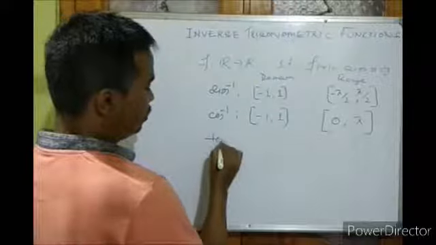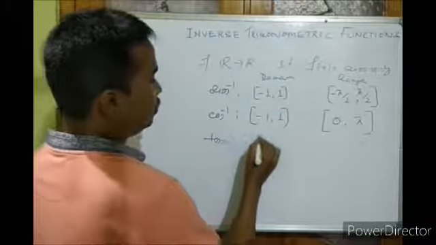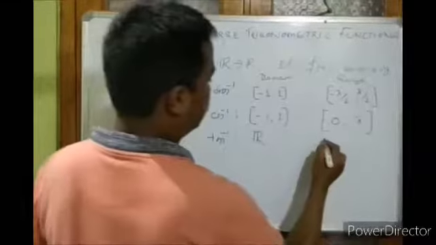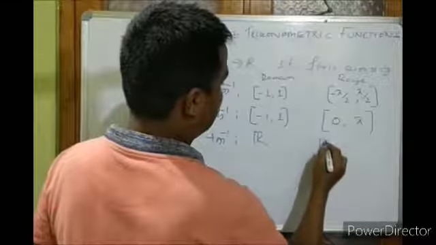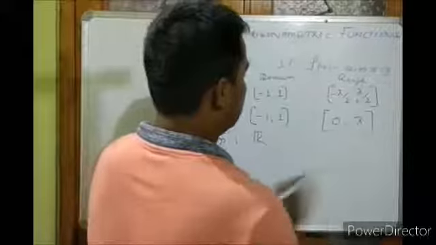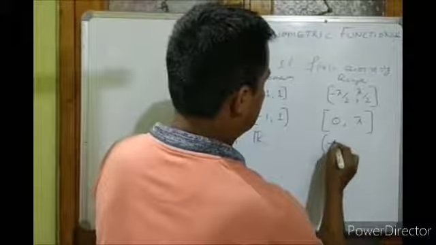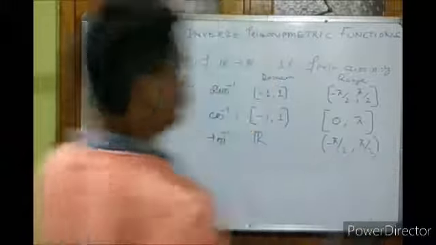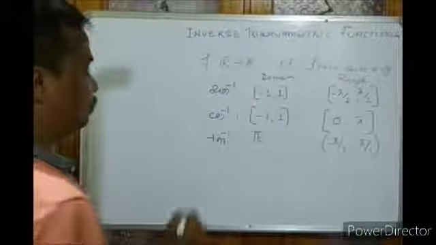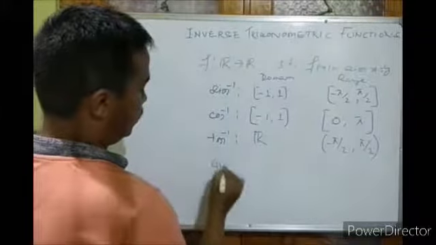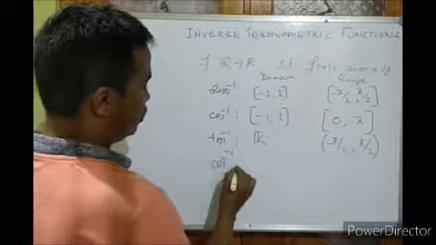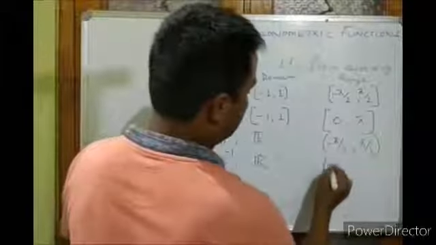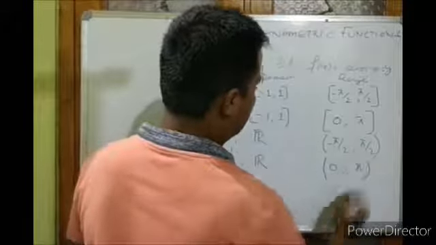And tan inverse is a function from R to minus pi by 2 to plus pi by 2. And cot inverse is a function from R to 0 to pi.